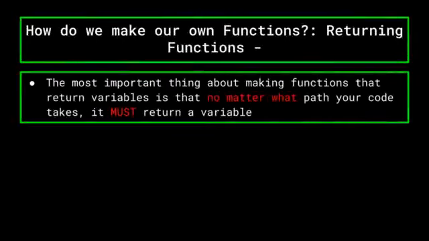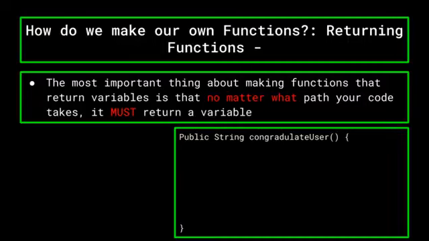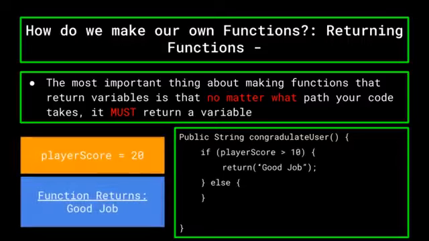The most important thing to remember about making functions that return variables is that no matter what path your code takes, it must return a variable, no matter what. What does this mean? Well, let's say you had some string function in a game, and inside of it there was an if statement, where if the player's score was above 10, you returned a congratulatory message.